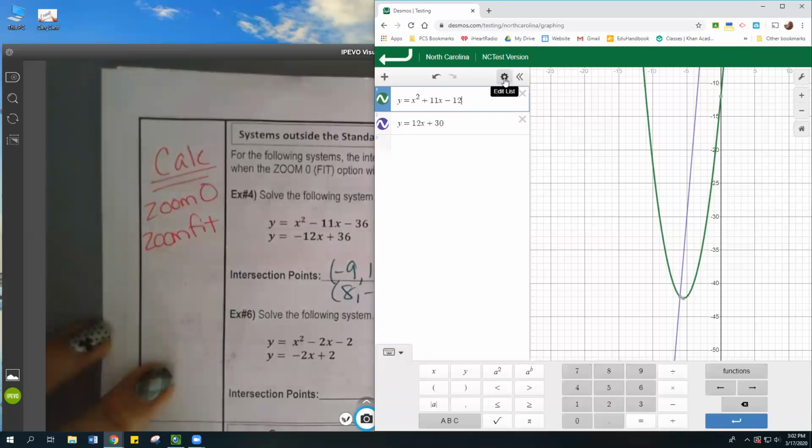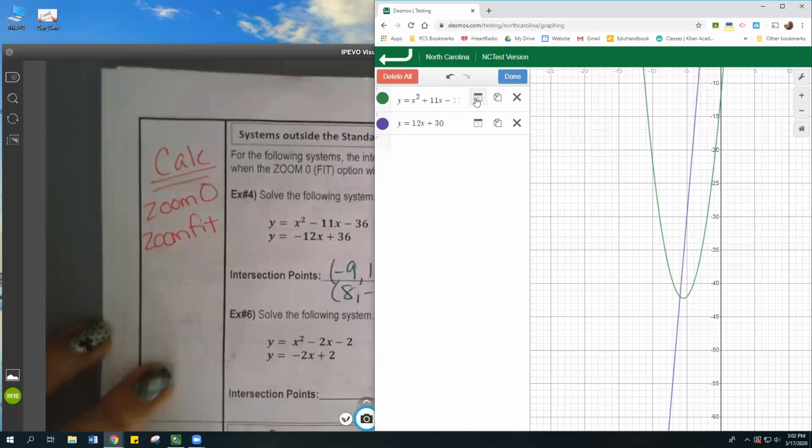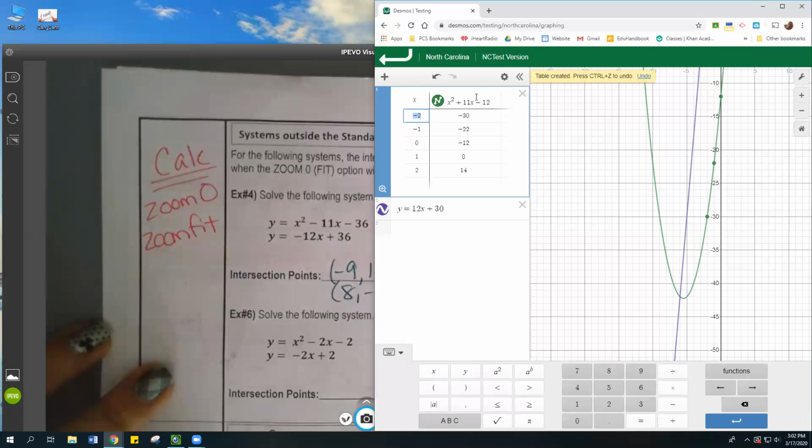If you click on the little gear, it is the edit list. You can say, I want to view this as a table. So now you have a table of values. And if you want to know something specific, like, I wonder what the Y value is when X is 13, all you have to do is punch in 13 and it'll give you that Y value.